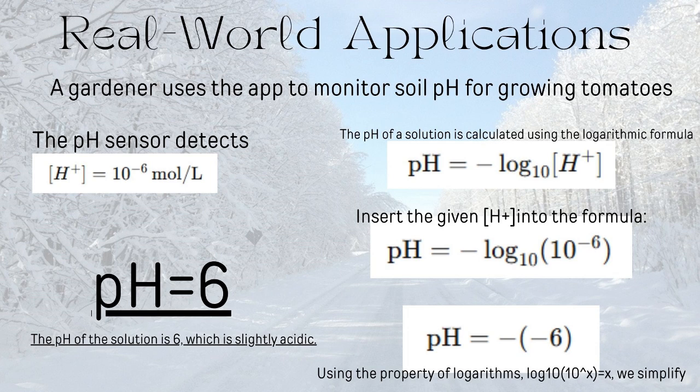So the result would be pH is equal to negative (negative 6). After we combine the negatives, the result would be pH is equal to 6. Then our conclusion is the pH of the solution is 6, which is slightly acidic.